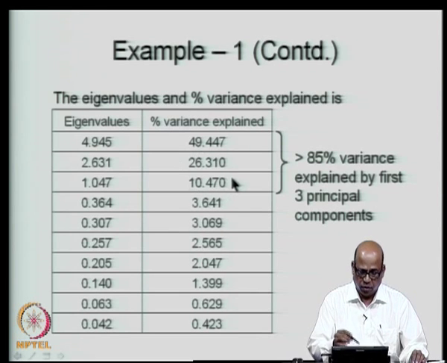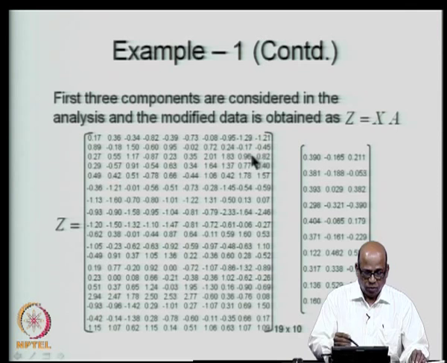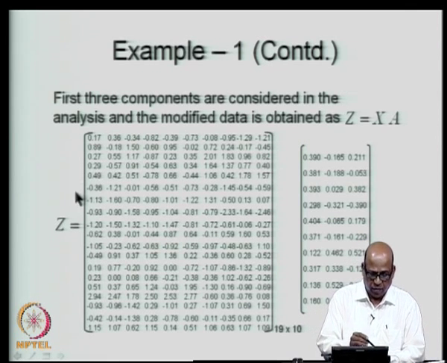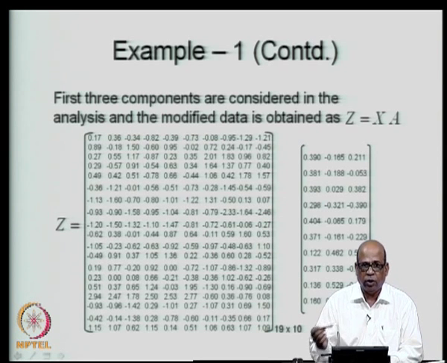I do this now on these 3 principal components. So, we do the same thing, our X matrix remains the same and our A matrix now is restricted to only 3 variables. These are the 3 principal components. So, I will get a 10 by 3 matrix instead of the 10 by 6 that I got earlier.